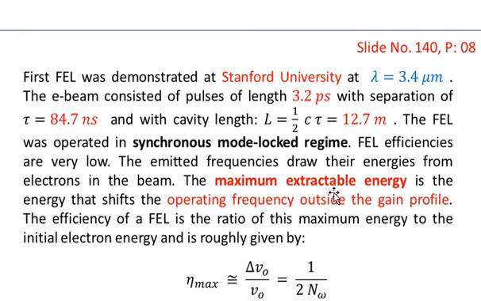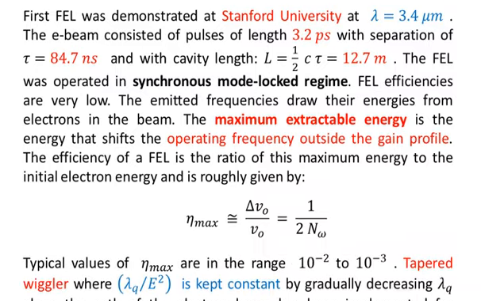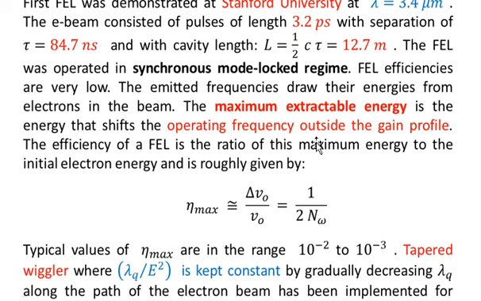The maximum extractable energy is the energy that shifts the operating frequencies outside the gain profile. So for those frequencies which lie outside the gain profile, the energy will be maximum.